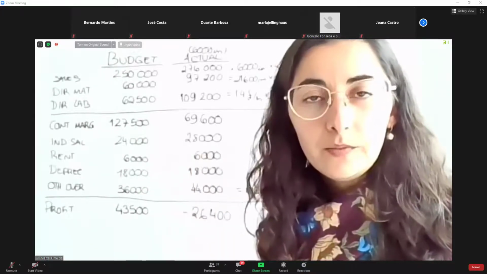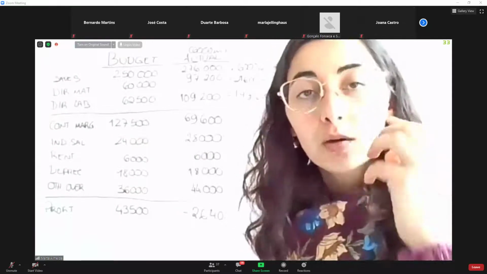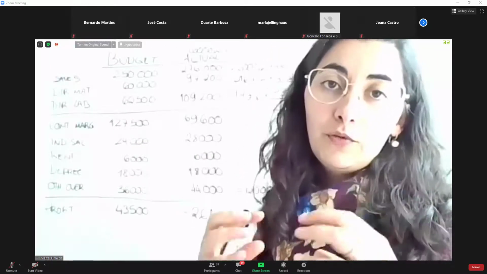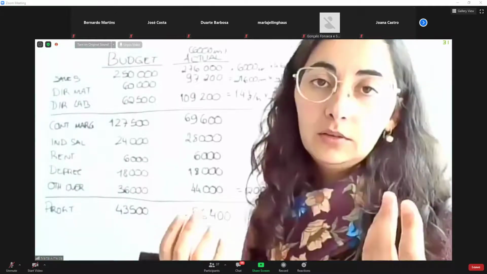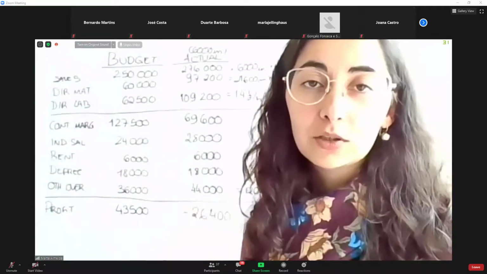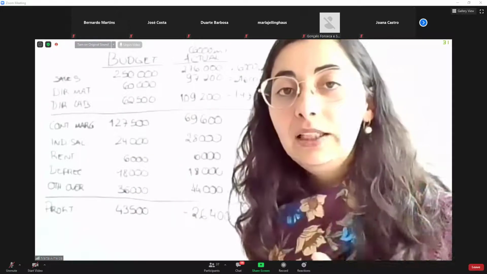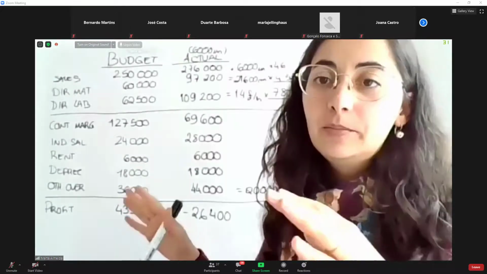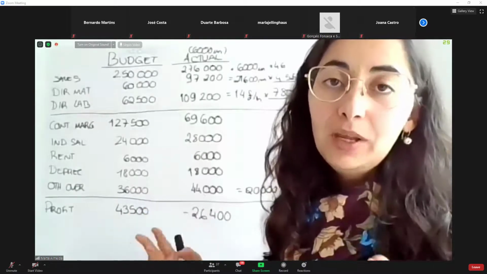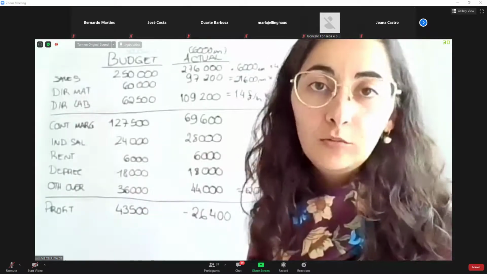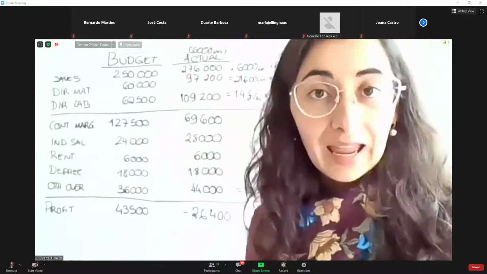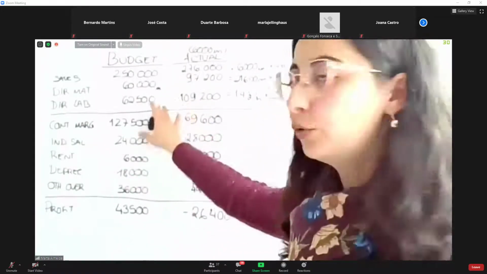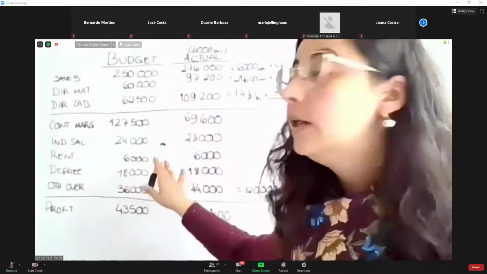That is why it's very important to work out how we evaluate the performance of managers. If they are linked to the budget, we need to be very careful so that the managers will not behave in this way, which is not correct. It's not an ethical way of working, because they are damaging the performance of the company as a whole.